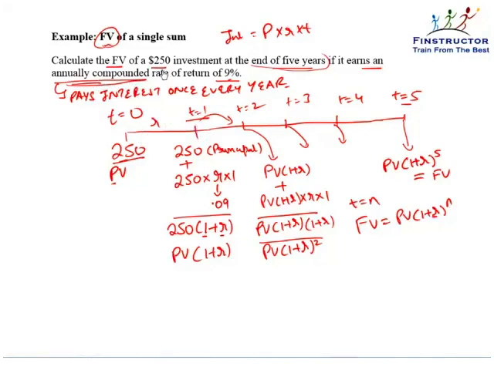So let's substitute the values in our question and try to calculate this answer. So it will be 250 into 1 plus 0.09 to the power 5, that is 250 into 1.09 to the power 5.